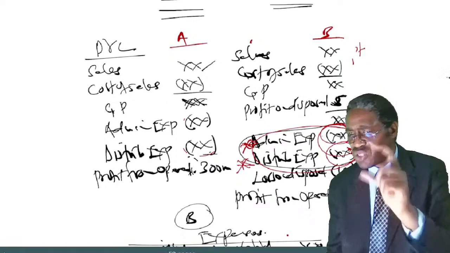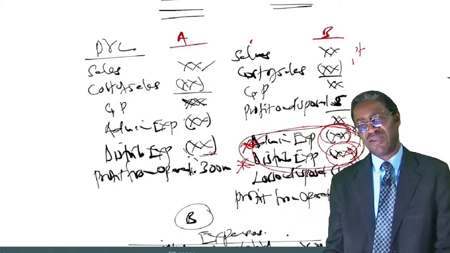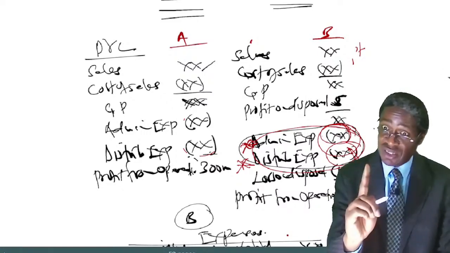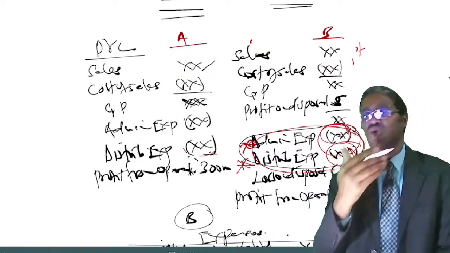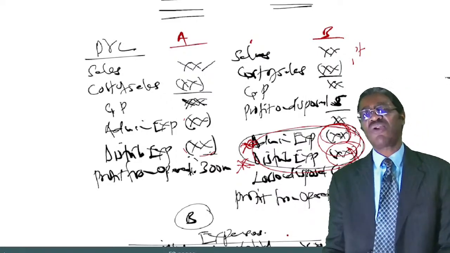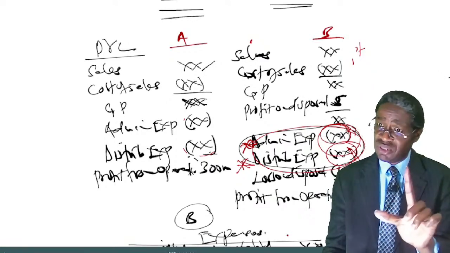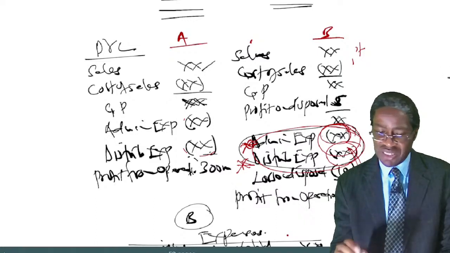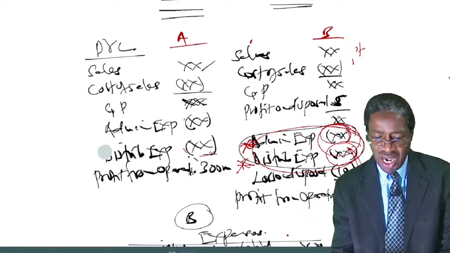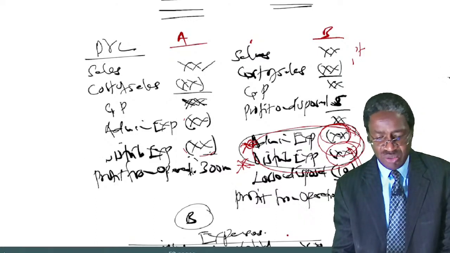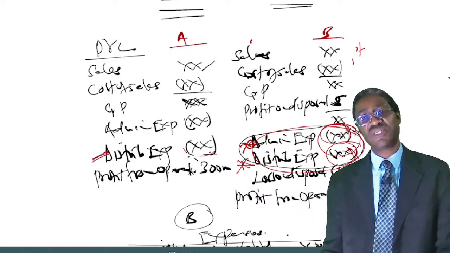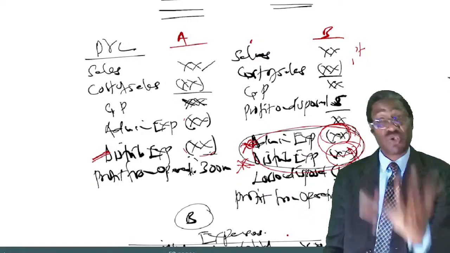Listen carefully. For that accountant A, if we sold a motor vehicle and made a loss on disposal of 10 million, then accountant number A must have considered it as a distribution expense if you sold a motor vehicle.